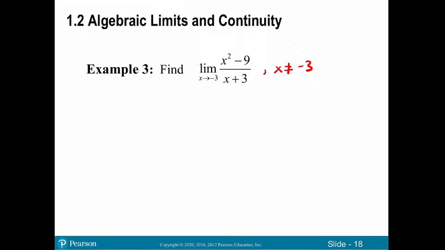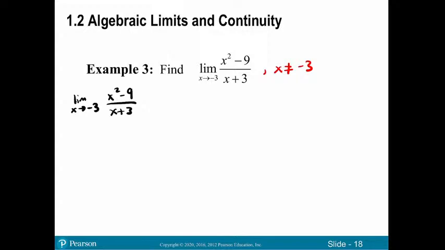So instead of doing the table, I'm going to simplify. Let me start with the original. We have the limit as x approaches -3, on top x squared minus 9, on bottom x plus 3. Hopefully I'm not jumping the gun. I might be. Yeah, I'm just going to simplify.